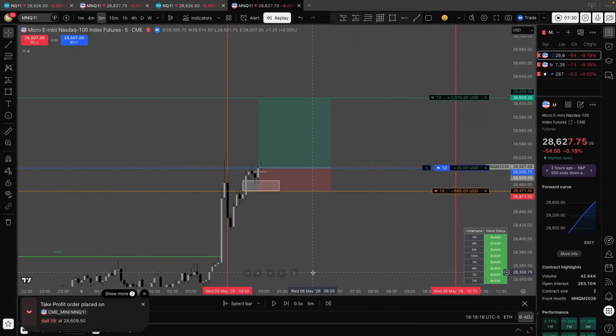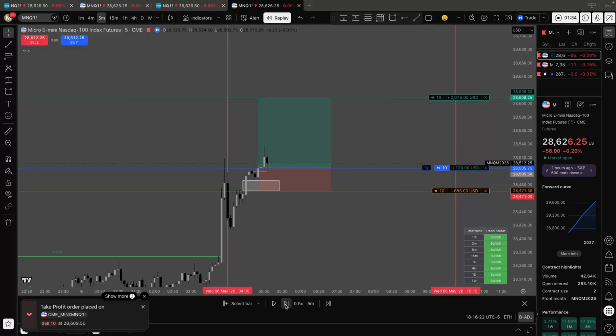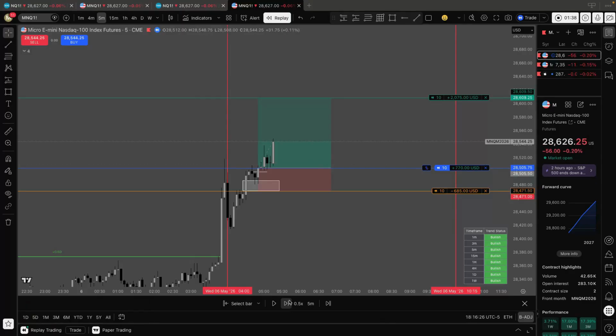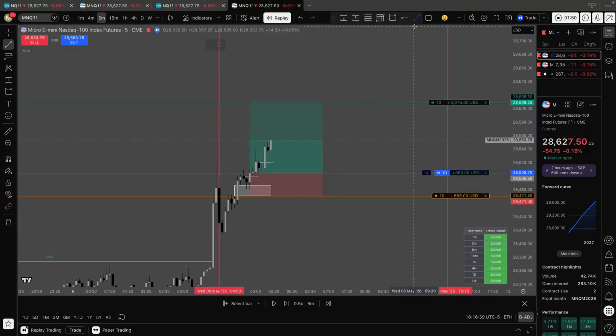There we go. Let's see price play out. Okay, that's good. Price gets closed above, indicating that price is going to continue higher. Good.